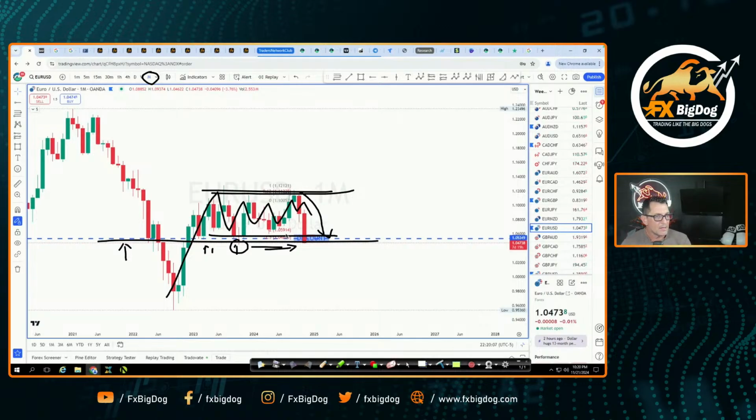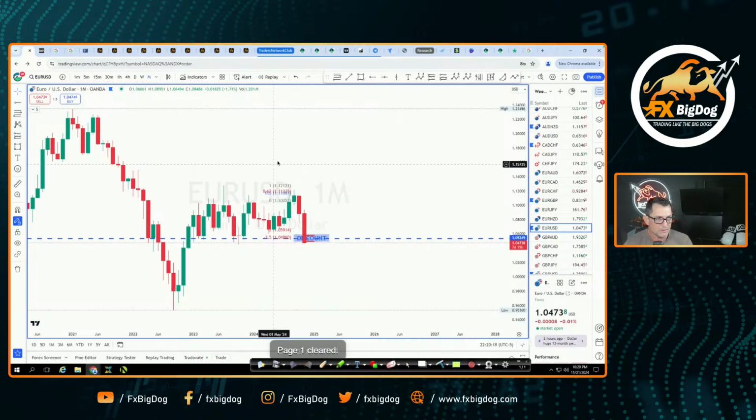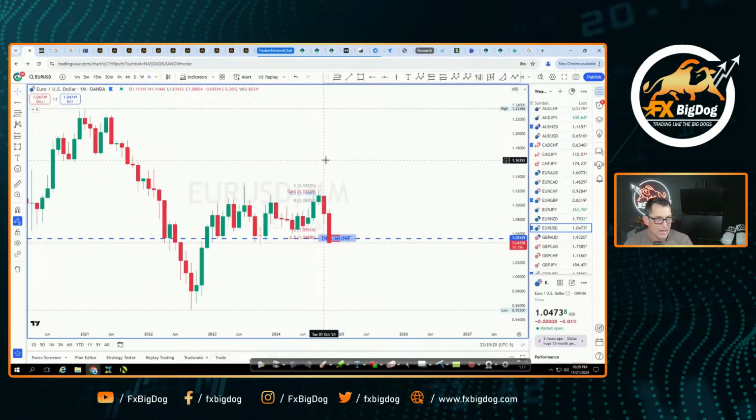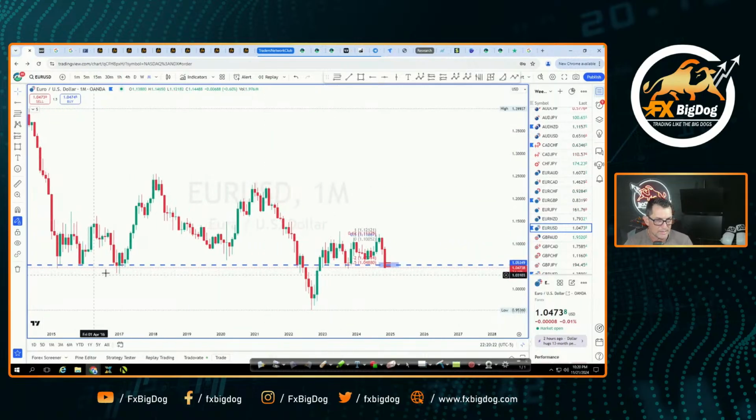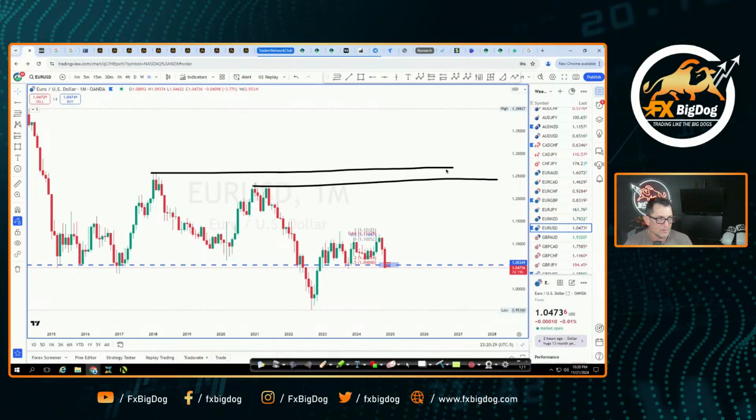Now, let's go. So if you asked me, Big Dog, where is the Euro US dollar going long term, traders, based on the fact that we had this setting up right here, based on the fact that the market had moved back inside this range, right? Then I'm looking at the long-term goal for the market to go back up here. Why there?